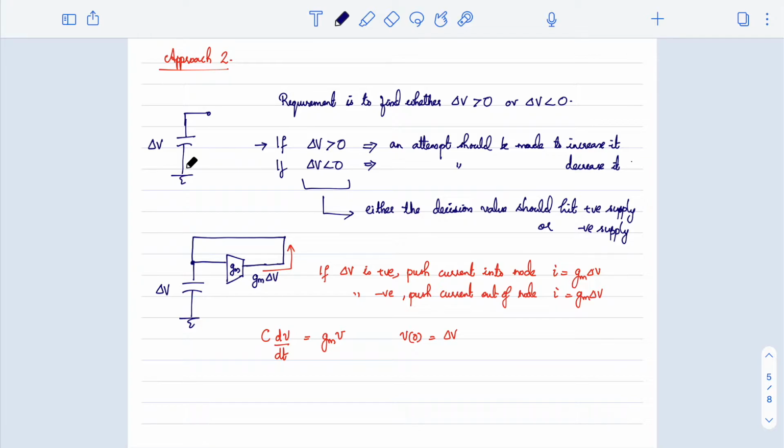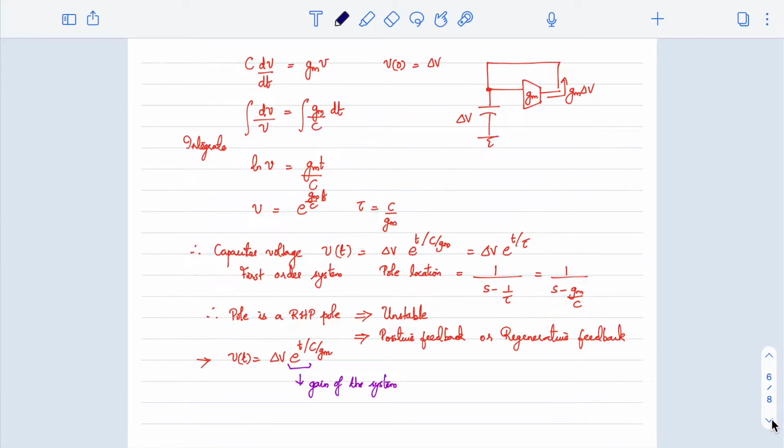The simple idea is we can use a voltage controlled current source which can push current into the node depending on the voltage delta V, or push current out of the node depending on the voltage delta V. By analyzing the circuit, we understood that the presented concept is basically an unstable system, and that it works on a positive feedback mechanism.